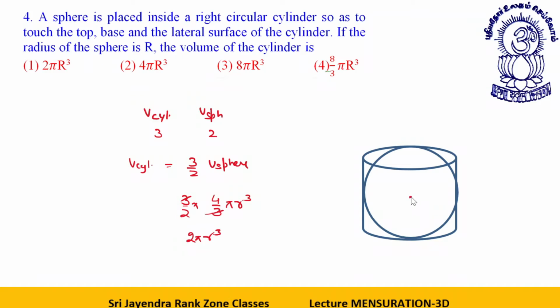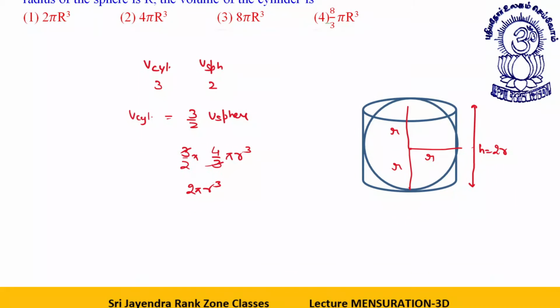this is the radius of the sphere. This is also the radius of the sphere. This is also the radius of the sphere. But combined together, this height is 2r. Now, what will be the volume of cylinder? The volume of cylinder is base area into height.